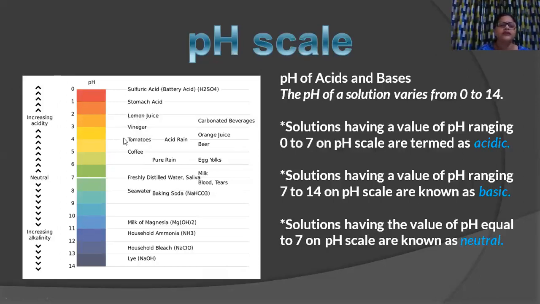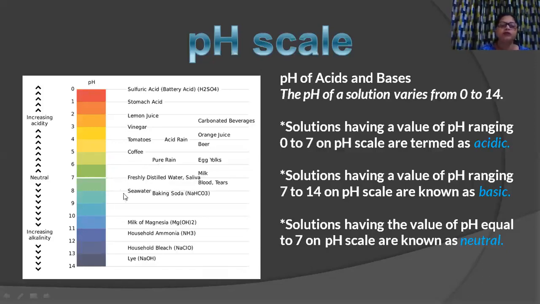The weaker acids will be tomatoes, coffee. Yes, coffee, even though it is bitter in taste, it is acidic in nature. Then comes the pure rain. It shows the pH value around 6. And the distilled water will be showing you the value of neutral, that is 7.